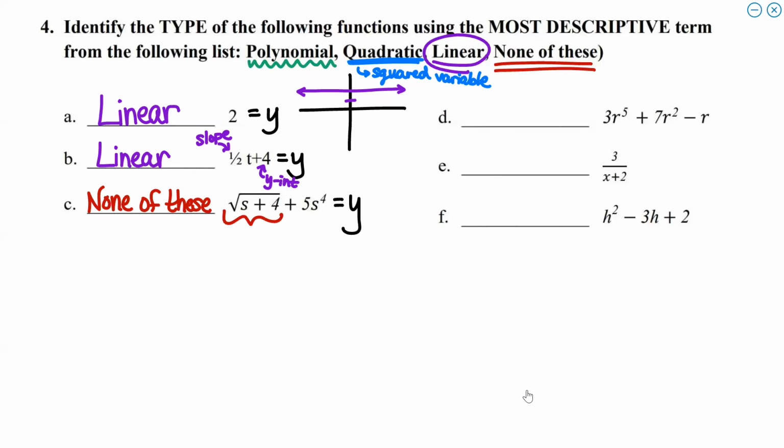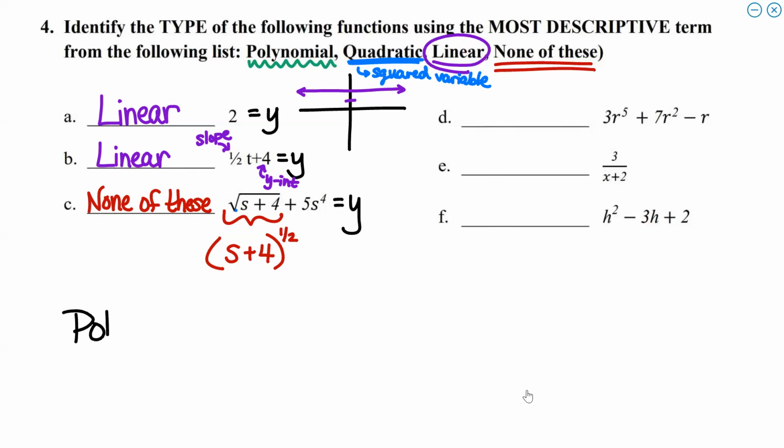So this guy right here, whenever I see a root or a radical, that is the same thing as a fractional exponent. This means the same thing as x plus 4 to the 1/2 power. A quick note for us.